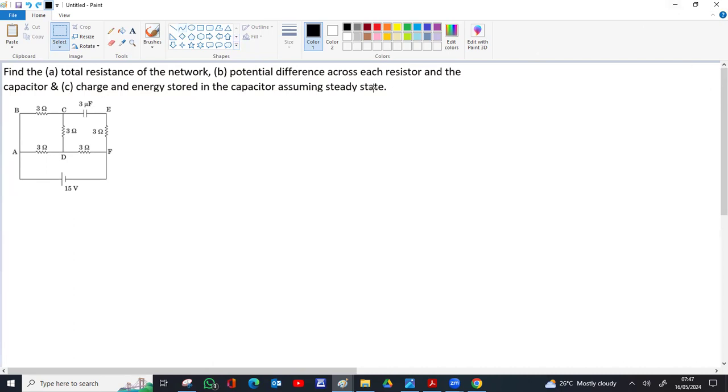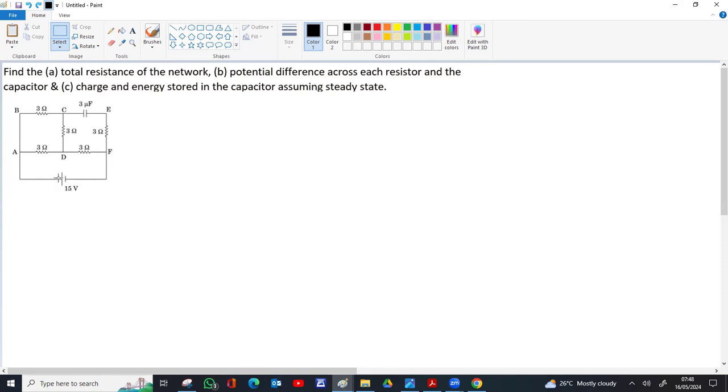Steady state means when you connect a capacitor to a cell, the capacitor gets charged. The plate connected to the positive terminal becomes plus and the other becomes minus. Once the capacitor is fully charged, no current flows through it.